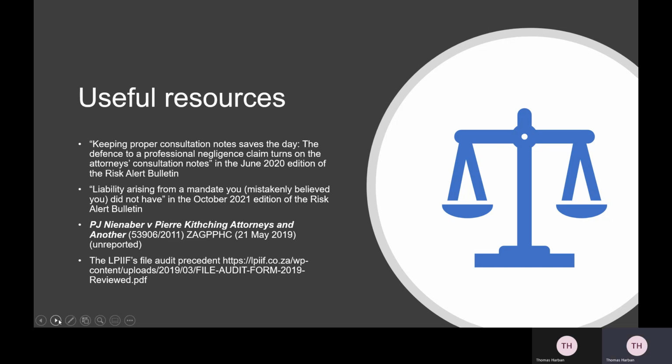He disputed his mandate, yet in some instances he accepted that there was a mandate. The attorney testified after the plaintiff. The court found that there was indeed a mandate, and the attorney was liable. The last bullet is just a link to the file audit precedent.